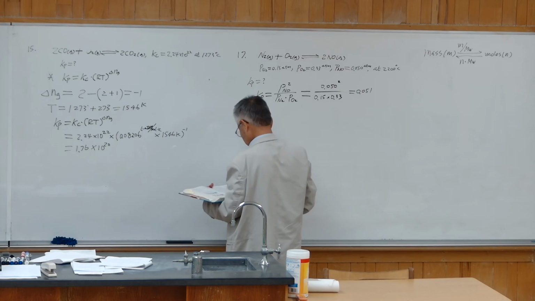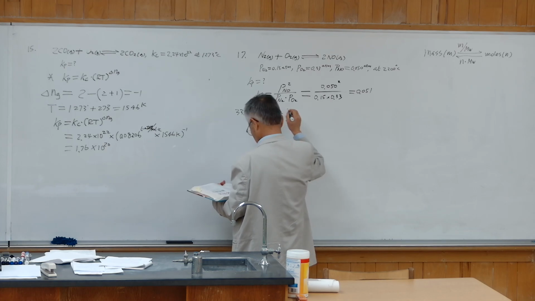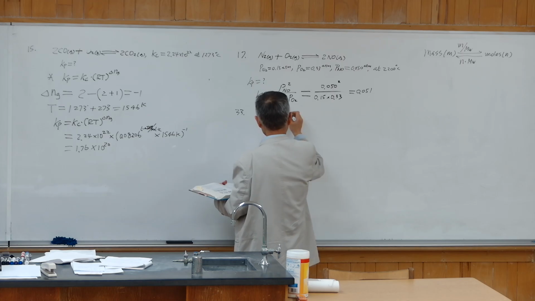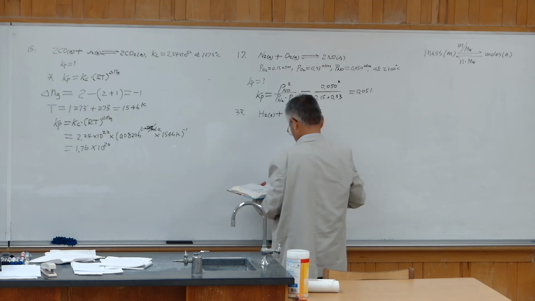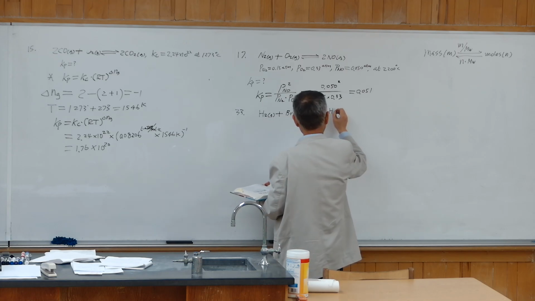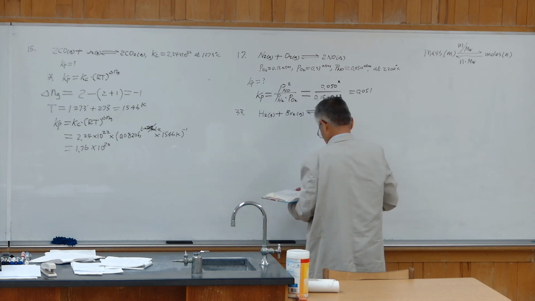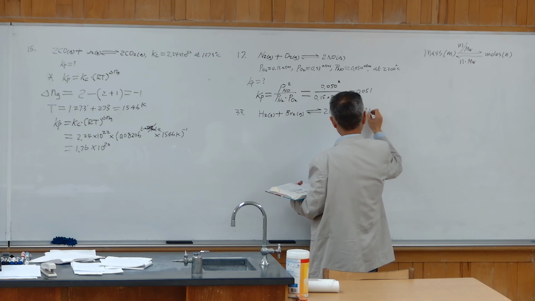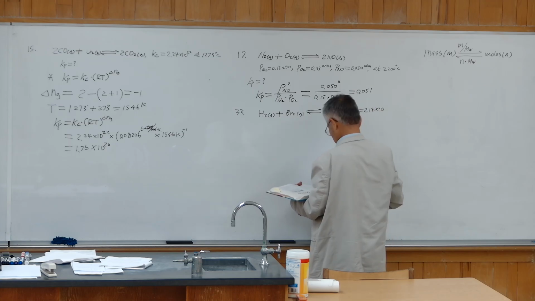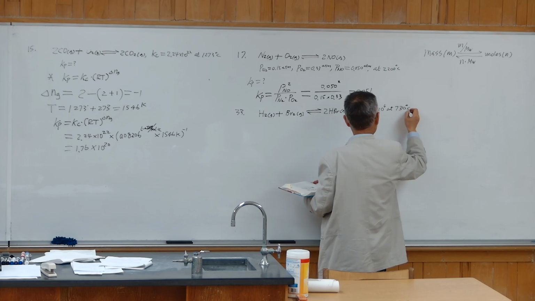The equilibrium constant Kc for this reaction, H2 reacting with Br2 to produce 2 HBr, is 2.18 times 10 to the 6th power at 730 degrees Celsius.